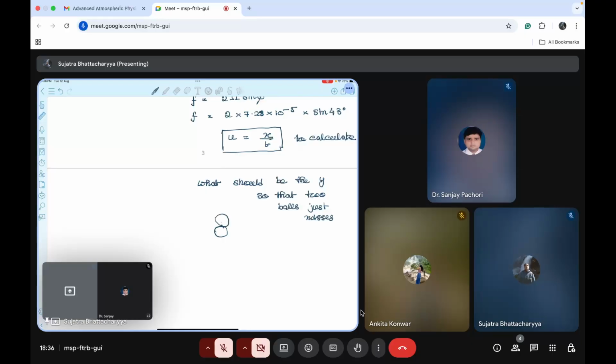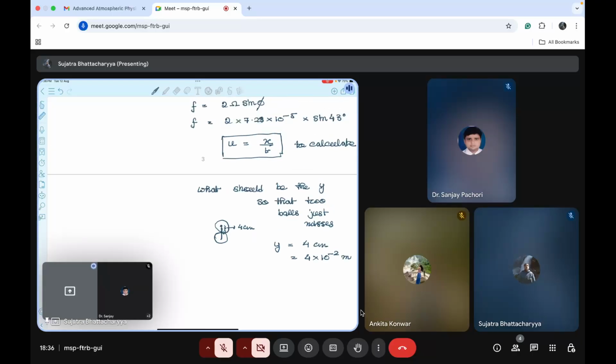If you take the center to center distance, just misses means, considering one ball as the reference, it should be the radius, which is 4 centimeters. So y for just missing should be minimum, 4 centimeters or 4 into 10 to the power minus 2 meters. Better to convert to SI units.